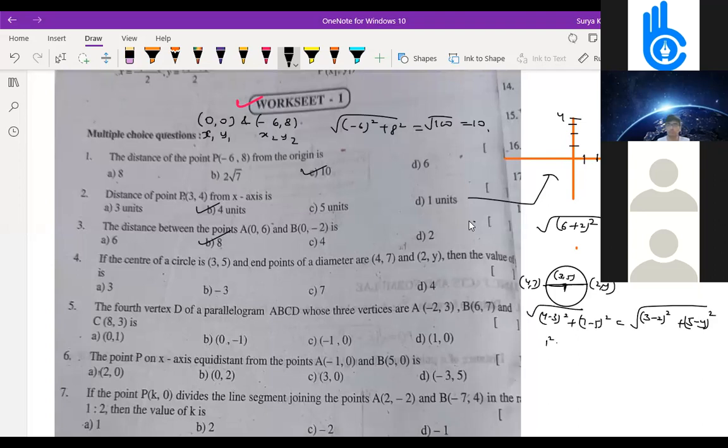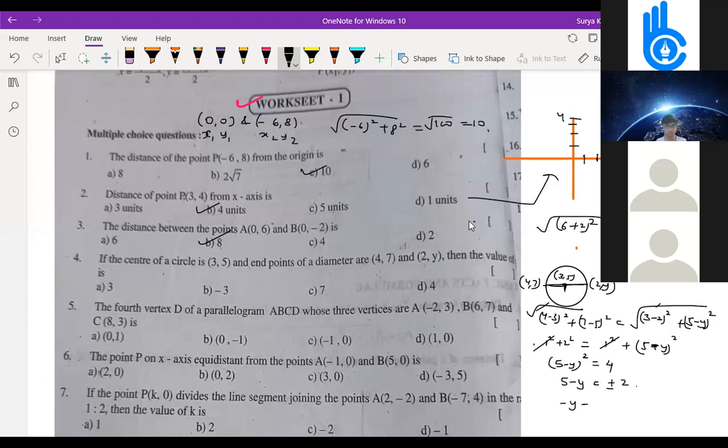So 1 square plus 2 square is equal to 1 square plus (5 minus y) whole square. The 1 square and 1 square get cancelled. So (5 minus y) whole square is equal to 4. So 5 minus y is equal to plus or minus 2.